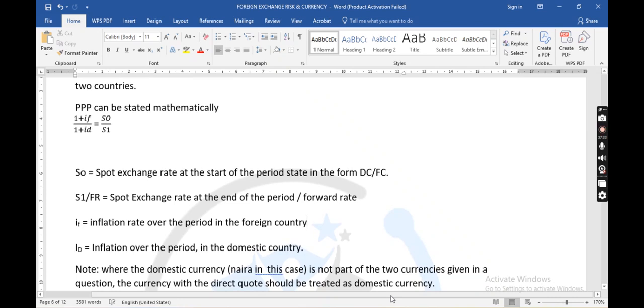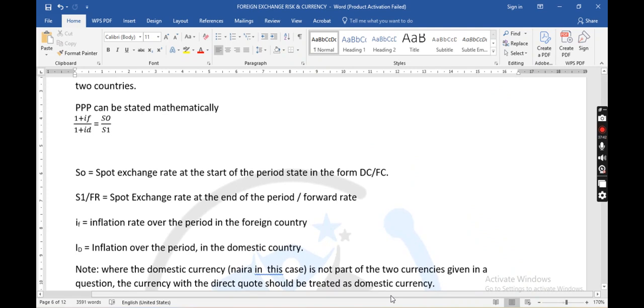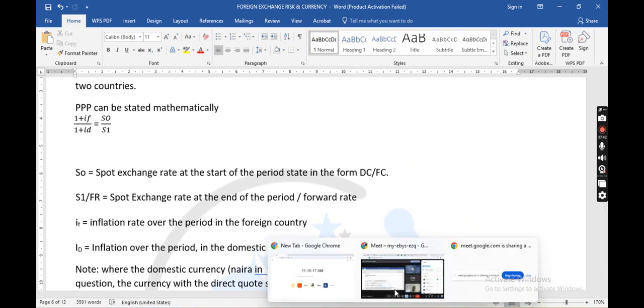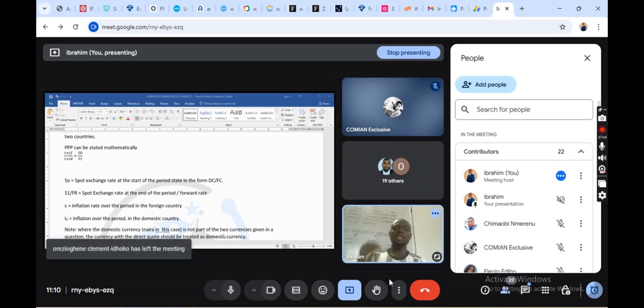Now there is always a problem here, right? What is the purpose of this purchasing power parity? It is for you to determine the forward rate. And this forward rate will include the purchasing power.